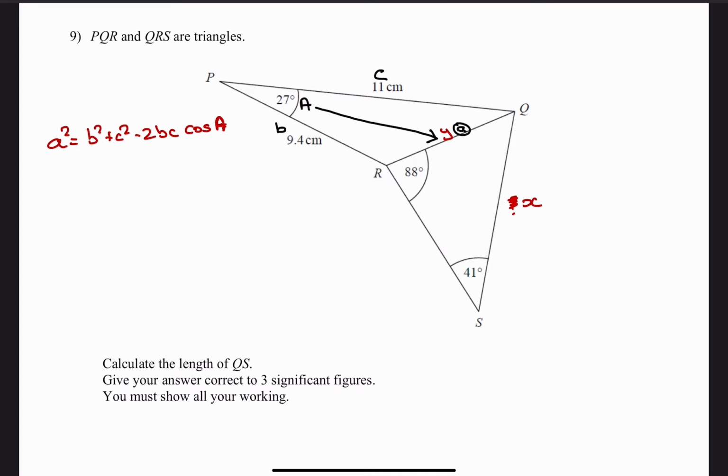Very simple. A squared is Y squared. B squared is 9.4 squared plus C squared is 11 squared minus 2 bracket 9.4 bracket 11 cos 27. Just type exactly that into the calculator.